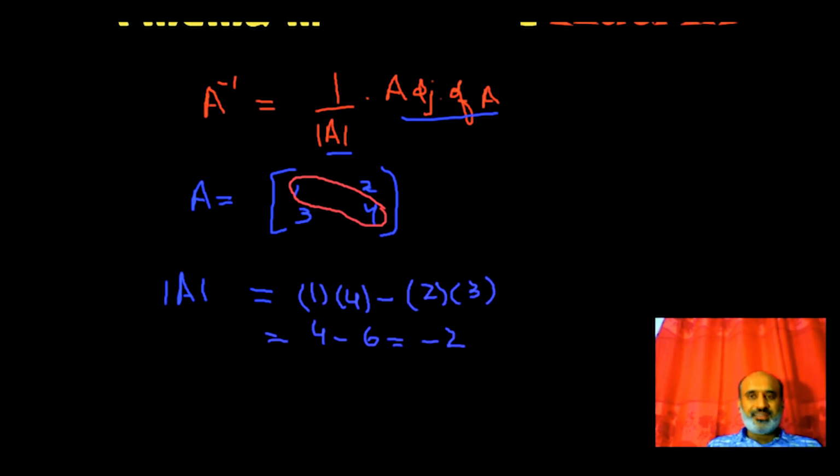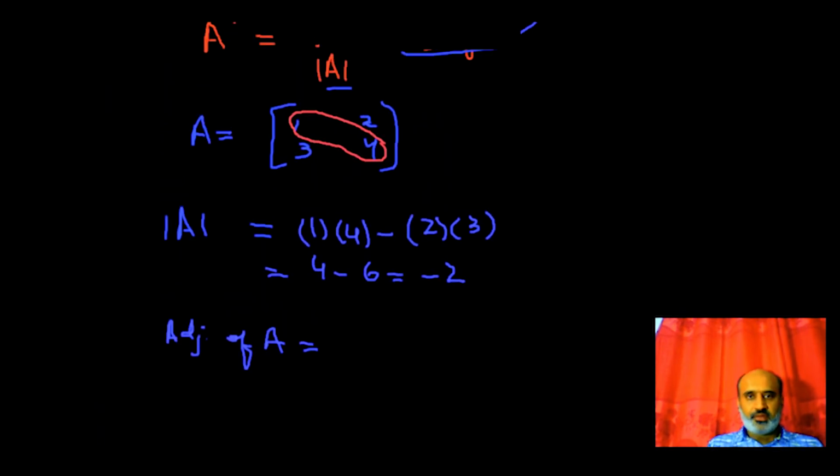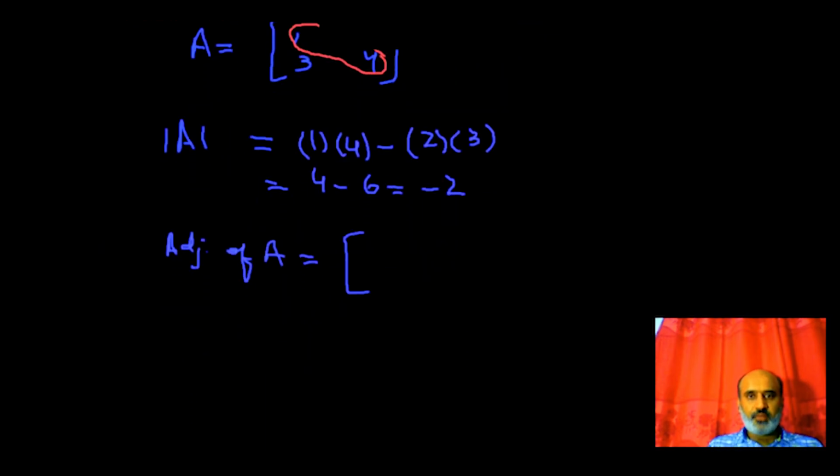So the next step, we need to find out the adjoint of the matrix A. So how to find out the adjoint? This is the abbreviation ADJ, adjoint of A. So the matrix was 1 2 3 4.